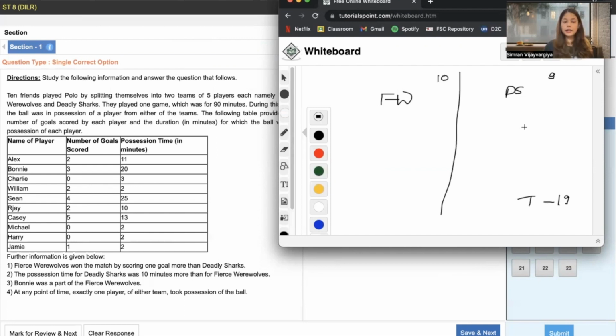So here, to understand the total time taken, we'll just calculate this. 11 plus 20.